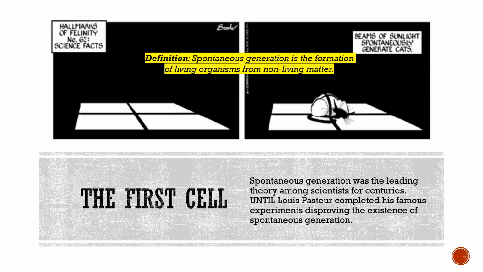So the cartoon here is showing no cat, and then the cat spontaneously appears from beams of sunlight. Okay, so that's the sunlight spontaneously generating cats. Cartoon, but that was the idea, that organisms spontaneously generated from non-living matter. Now, this was believed to be the way until Louis Pasteur completed his famous experiments disproving the existence of spontaneous generation. So let's have a look at that.